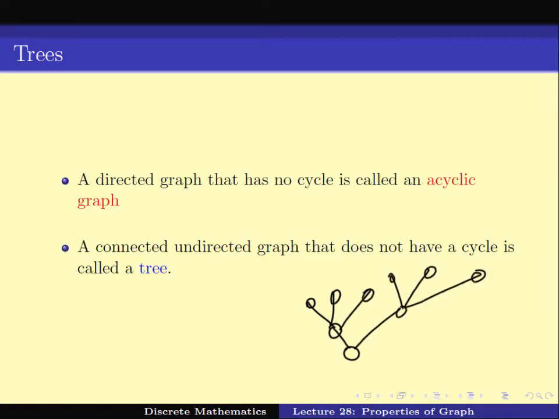So this is the typical representation of a graph that does not have a cycle. As you can see, it looks like a tree, and therefore it is called a tree. Sometimes it is drawn in the opposite direction.